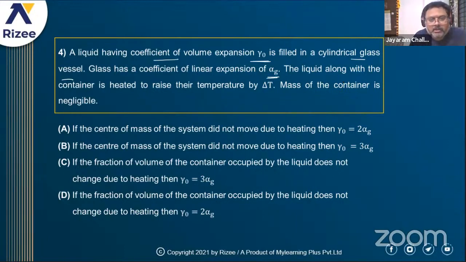So the liquid and the container, both of them are being heated. The mass of the container is going to be negligible. He has given certain options here. Center of mass of the system does not change. For example, if I fill a container like this, and this container is filled with the liquid.